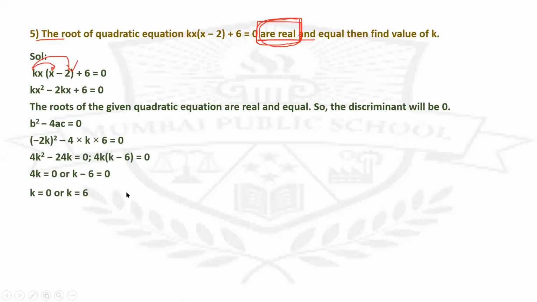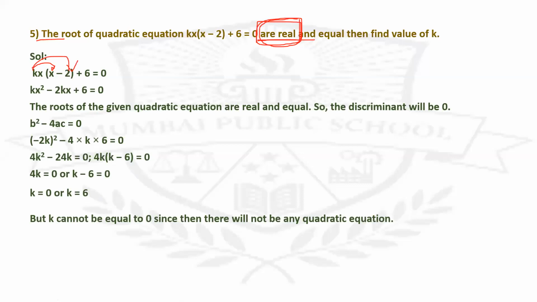Understand? So the value of k, you'll get either k = 0 or k = 6. But here, k cannot be 0, since it will not form the quadratic equation. Understand? So you'll consider the value k = 6.